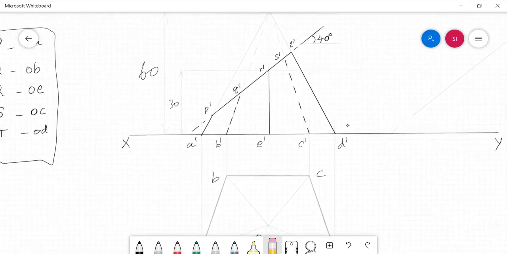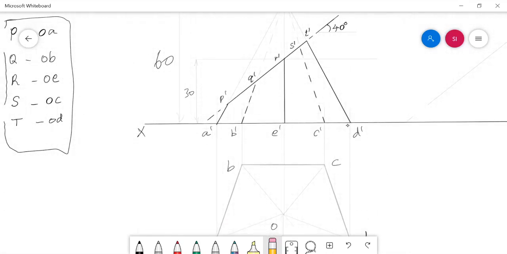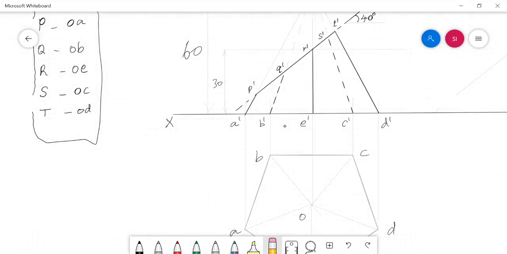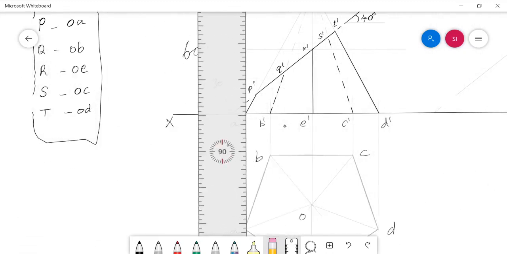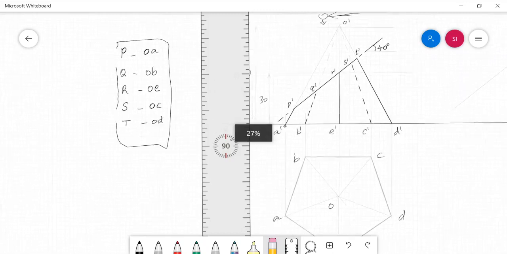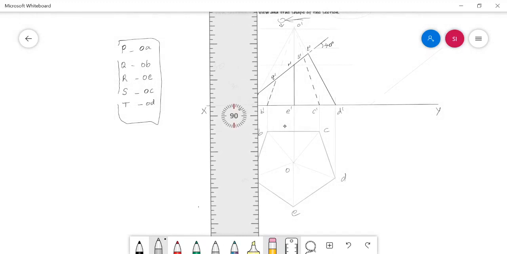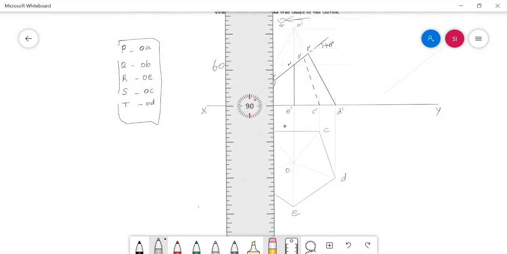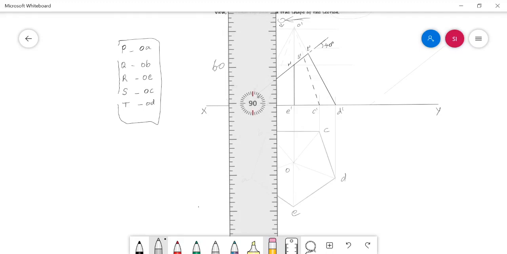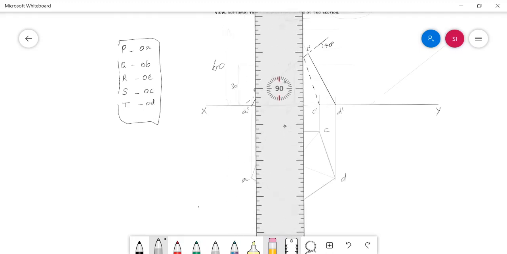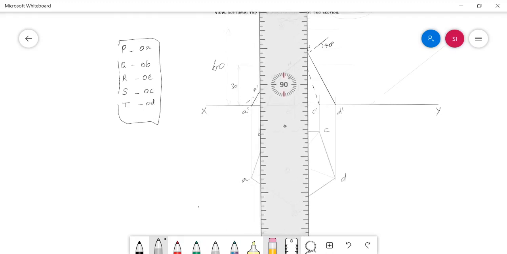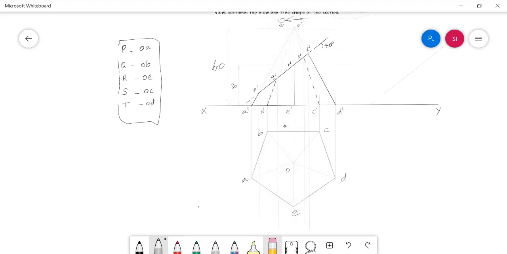Now project each and every cut point towards the top view and mark the same in their respective edges. Let's project them first, then we can mark. Now I projected all the cut points towards the top view, and now we can start to mark.